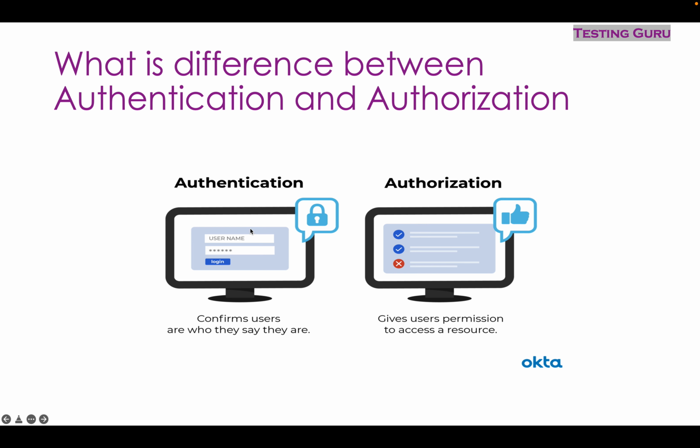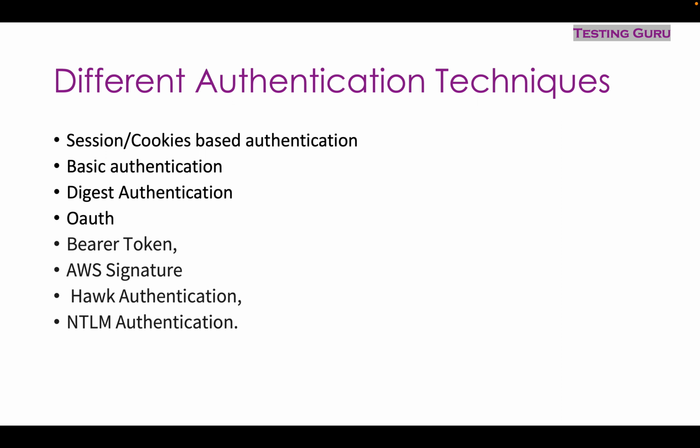Even though you are authenticated, you need to have authorization to access that particular page or data. Only then is it called authorization, which gives us permission to access the resource. So authentication comes first and then authorization. So this is how it works. This is the main difference between authentication and authorization.